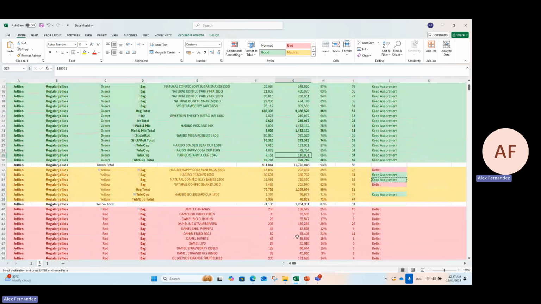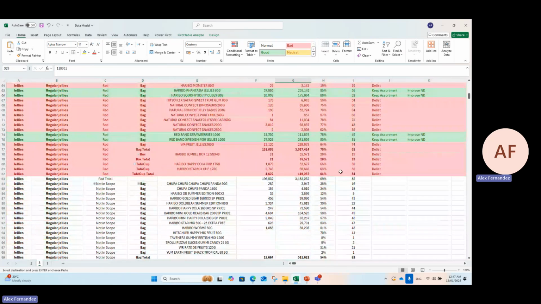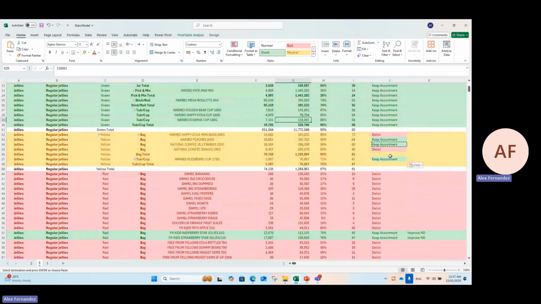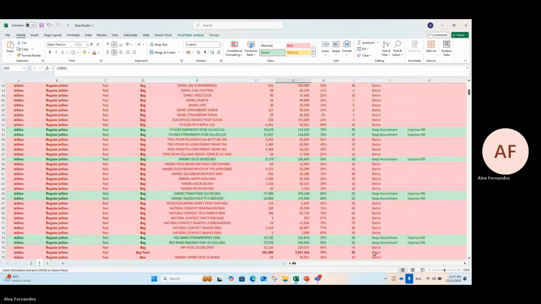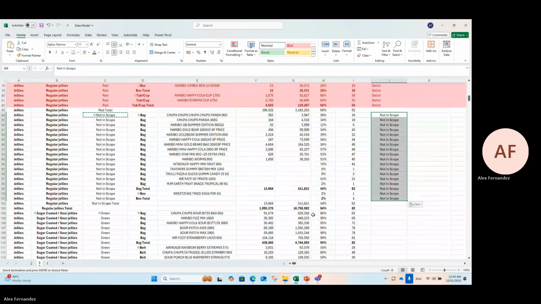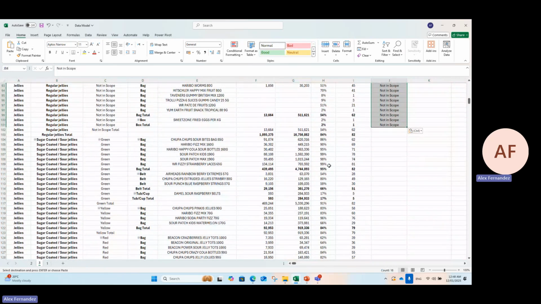All right, so now we just finished the jellies: what we will keep, what we will delist, and what we mentioned here as not in scope is not in scope. And we repeat this exercise for the rest.